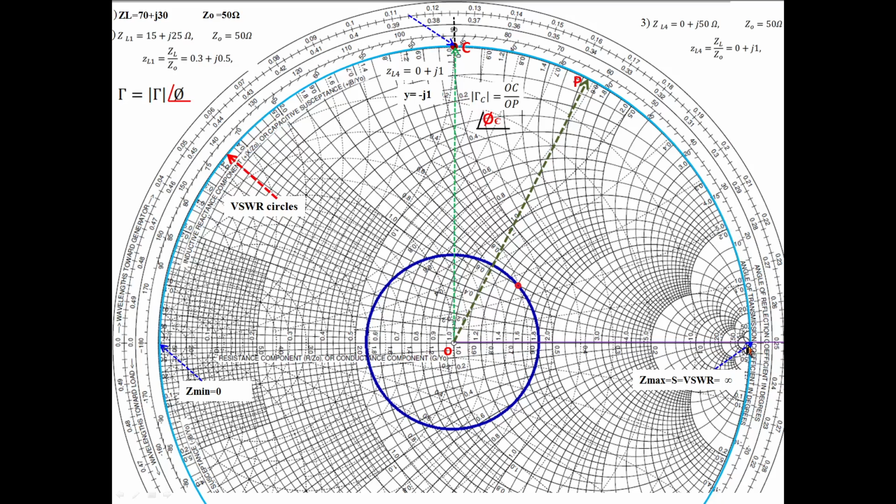The infinity circle has a very, very small radius; it is a point here. This is R equal to 50, this is R equal to 20, R equal to 10, and R equal to infinity coinciding here. That value you should take. So Z maximum is infinity, VSWR is infinity. For this load, we just draw the VSWR circle, move, and stop wherever it intersects.